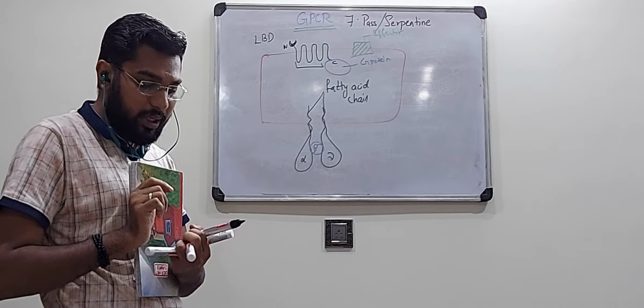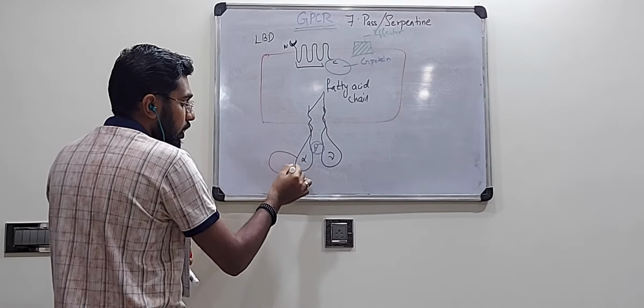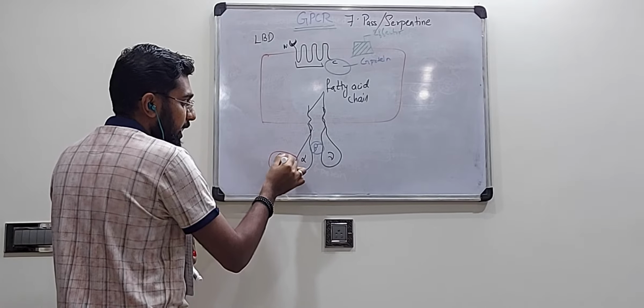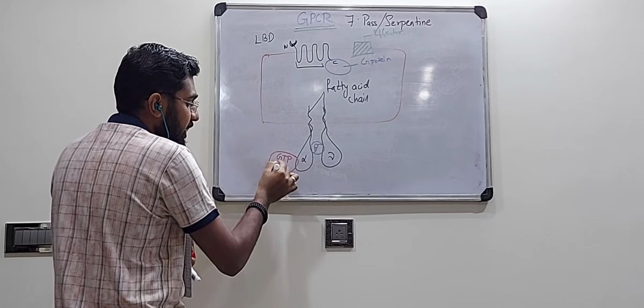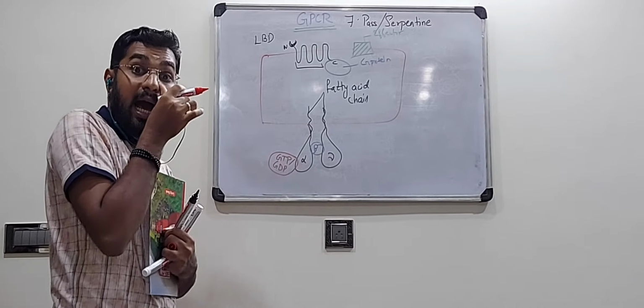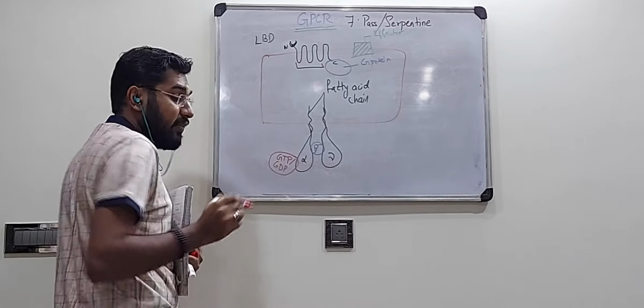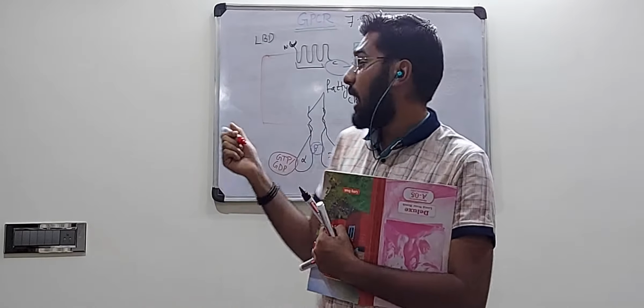That is why this protein is called G protein. A GTP molecule, guanosine triphosphate, or GDP, guanosine diphosphate, any one will be attached with this alpha subunit. This will be attached only with the alpha subunit. Very important.